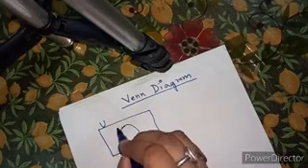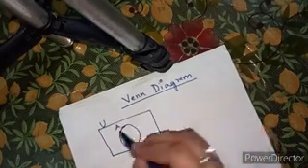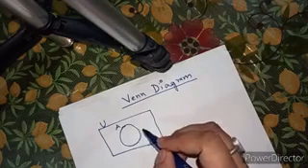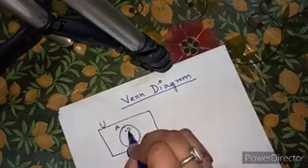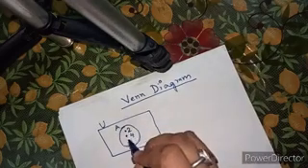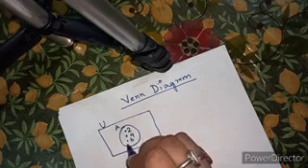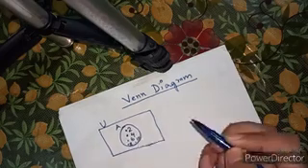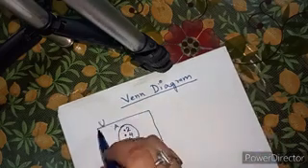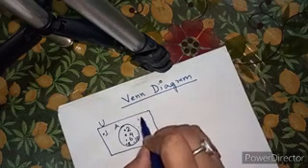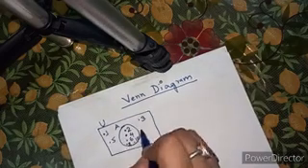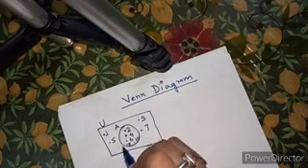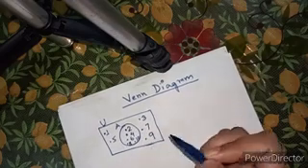Suppose I am defining a set A inside this universal set, and inside this set A I am writing some elements, that is 2, 4, 6, 8 and 10. Okay, and outside this set I am writing numbers as 1, 3, 5, 7 and 9.